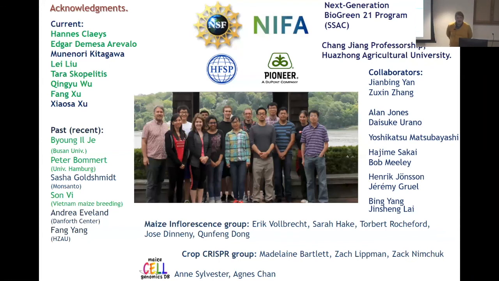It happens, and obviously kernel size can vary, so you can get more rows by having smaller kernels. Originally we looked at all the NAM founder lines and tried to correlate kernel row number with meristem size, and I think meristem size variation explained about 60% of the difference in kernel row number. So it's not all of it, but it's a substantial part of it.